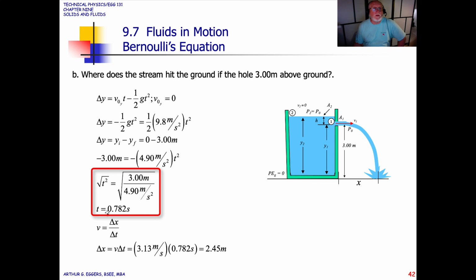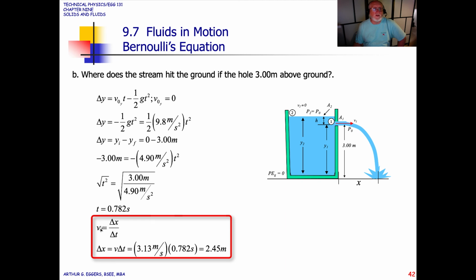So time is equal to 0.782 seconds. So that's the time it takes for that stream of water. Now we want to determine, by using the velocity relationship, where the stream of water hits the ground. So the change in x over the change in time gives us delta x is equal to velocity times the change in time, delta t.